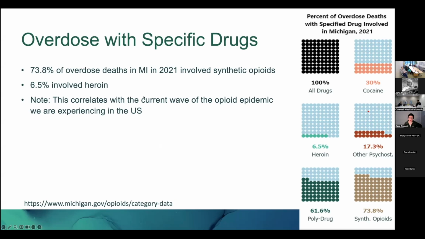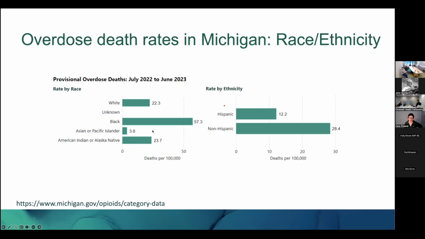We know that the vast majority of overdose deaths involve synthetic opioids, which is fentanyl, and that correlates with what the national data is showing. If you go to Baltimore, you can still actually get heroin, so you can ask your drug dealer for fentanyl or heroin. So there are some small enclaves where you can still access heroin alone, but none that I know of in Michigan work that way.